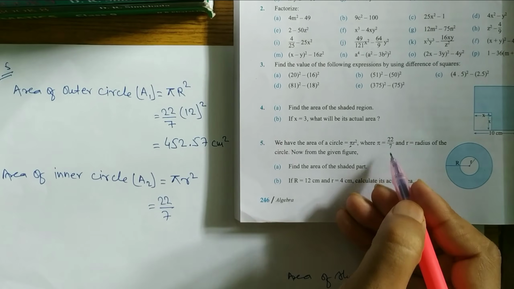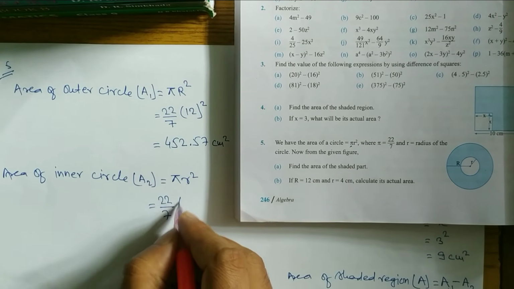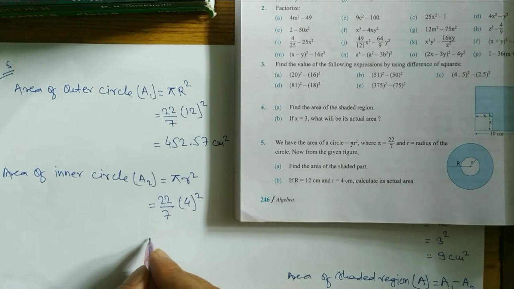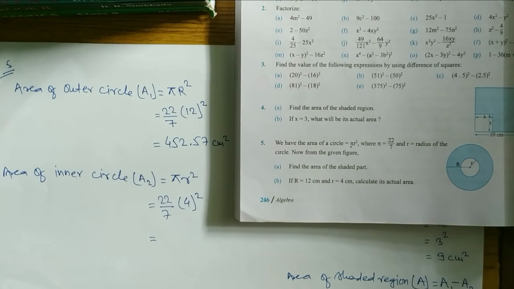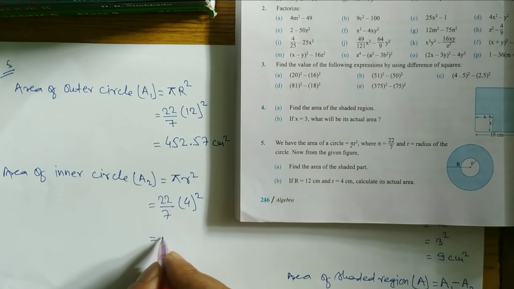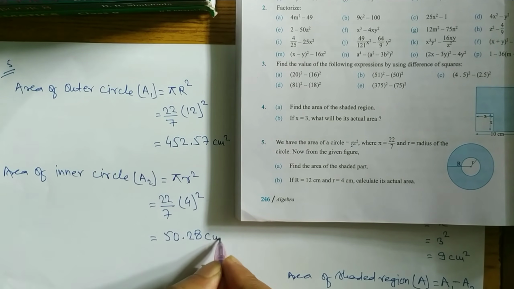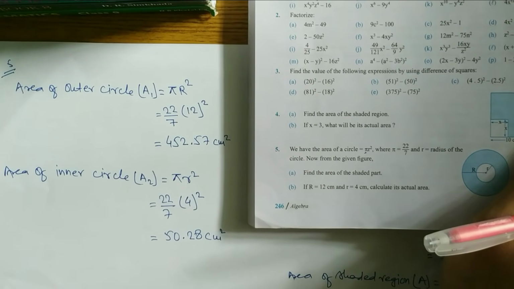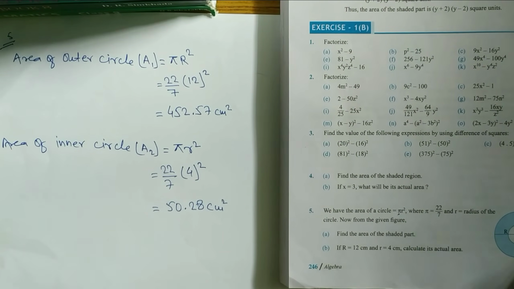Pi is equal to 22/7, and value of small r is equal to 4. So here we have to write 4 square. Now we have to calculate this. 22 into 4 into 4 divided by 7, we get 50.28 centimeter square.